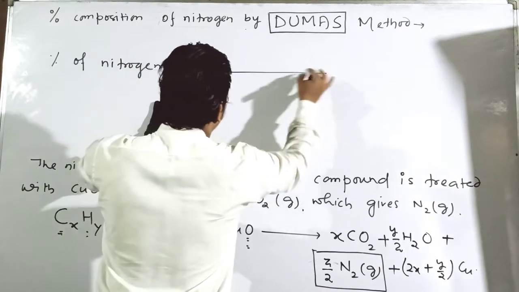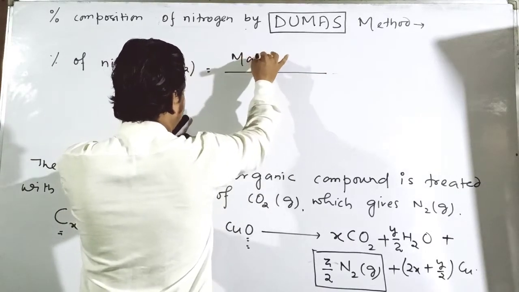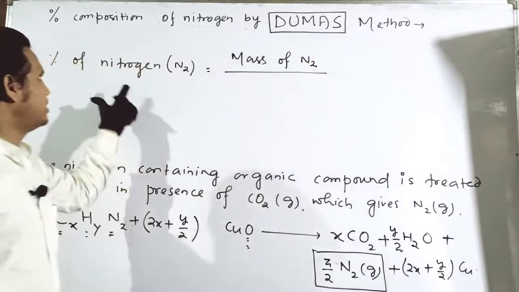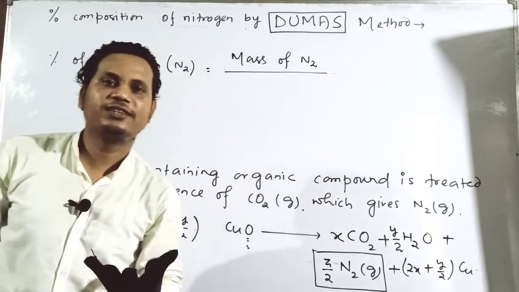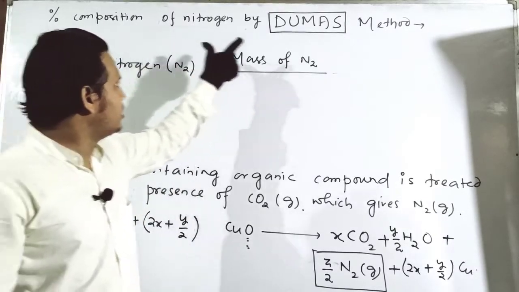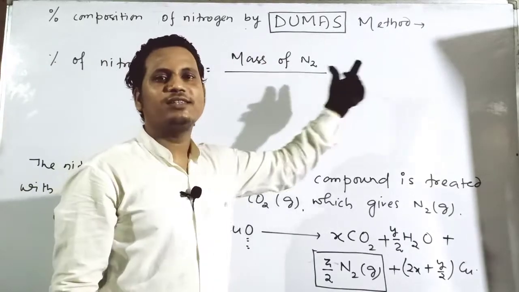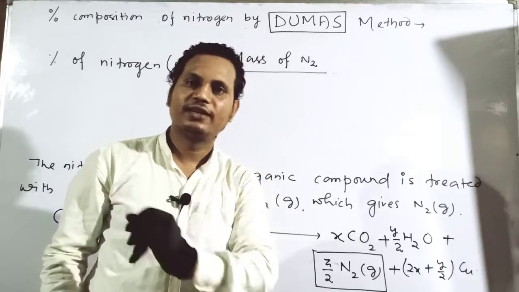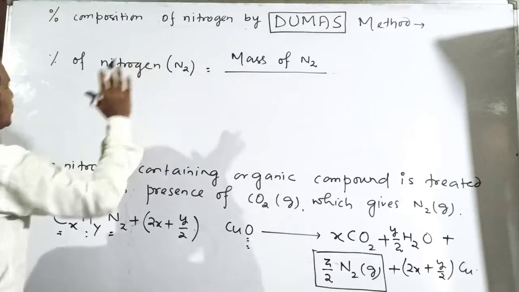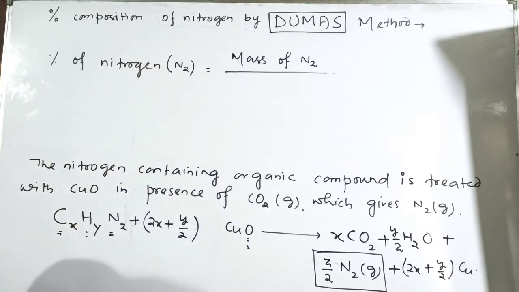How can we find this? This can be found by the mass of N2. Mass percentage, how do we find it? Whose percentage is to be determined, their mass divided by total mass into 100. Suppose we have to determine the mass percentage of N2.